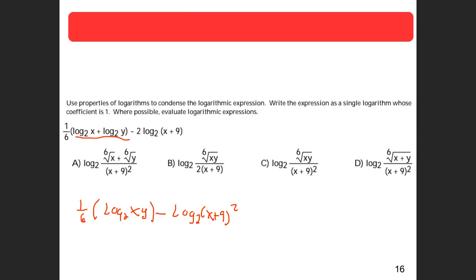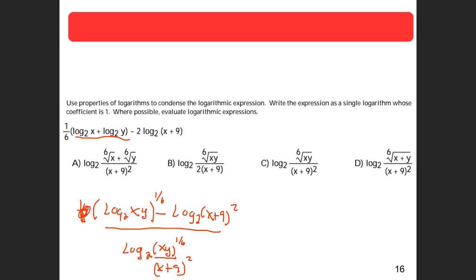Okay, and now I've got 2 logarithms, but I still have that 1/6 there, so I'm going to put it up here. And now I can condense these 2 logarithms because there's a minus sign in between, so I'm going to rewrite this as a log base 2 of xy to the 1/6, divided by x plus 9 squared.